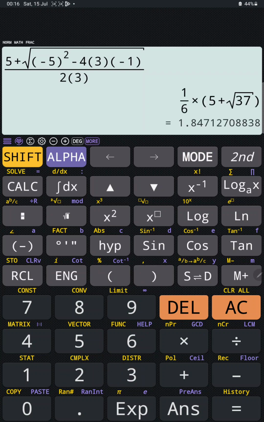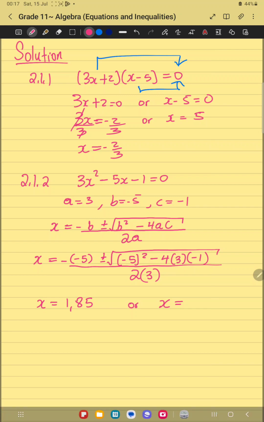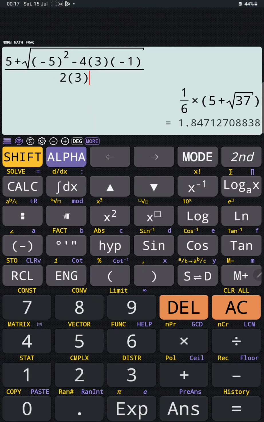So simple as that. The first value of x there is 1,85, and then we round off to 2 decimal places. So x there is 1,85. Now I've chosen positive, now I'm going to change and put minus.